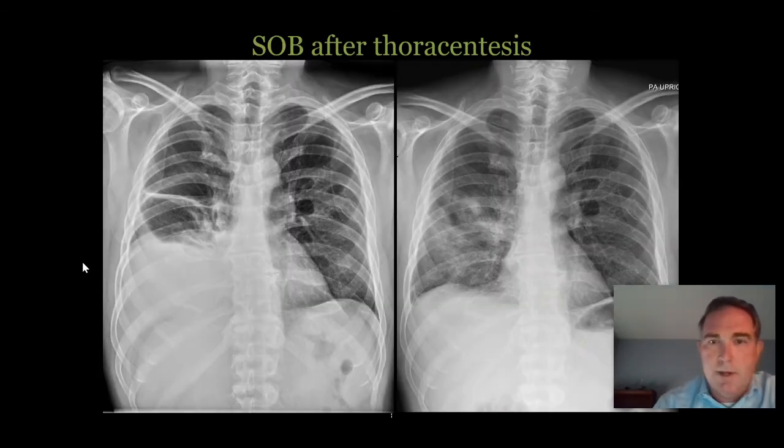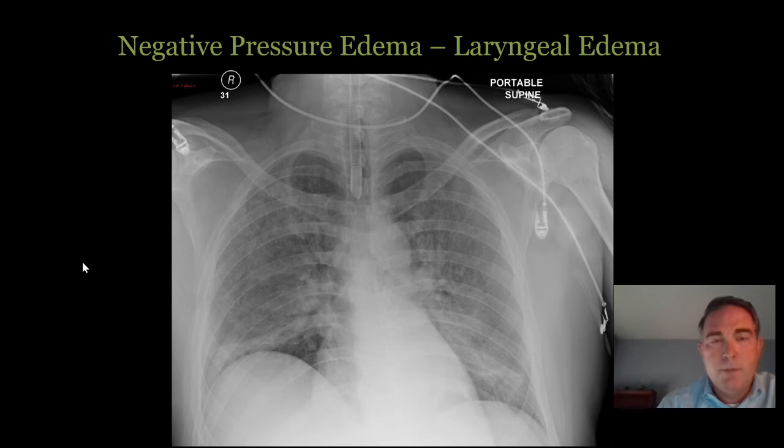It's a patient we did a thora on. Had a lot of shortness of breath afterwards, and you can see kind of a local pulmonary edema in that area after thora. Supportive care.